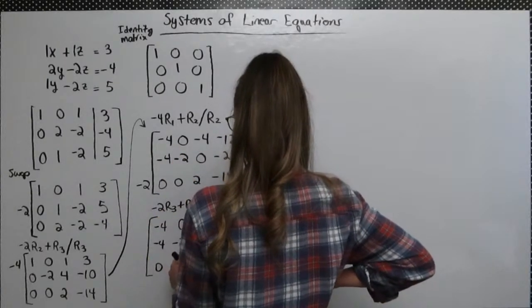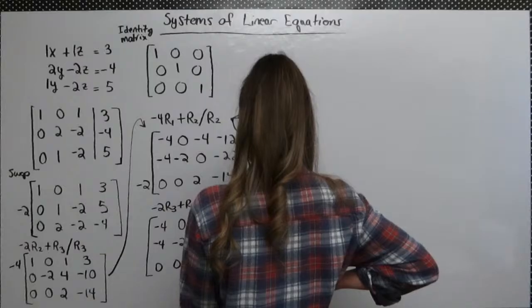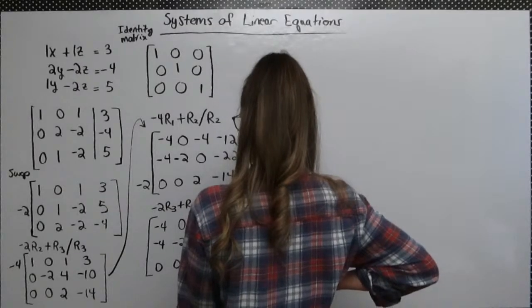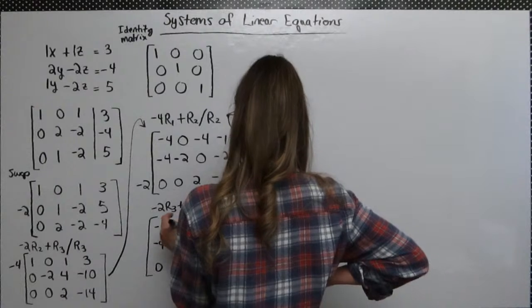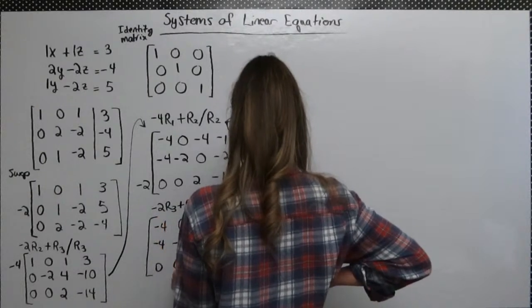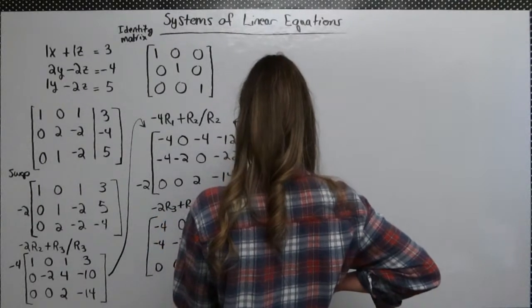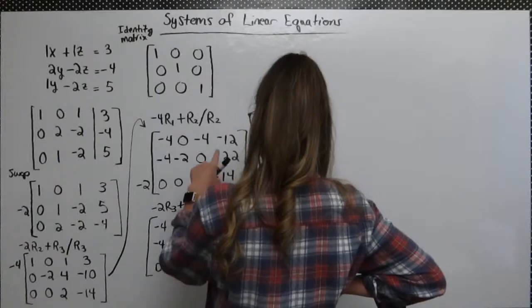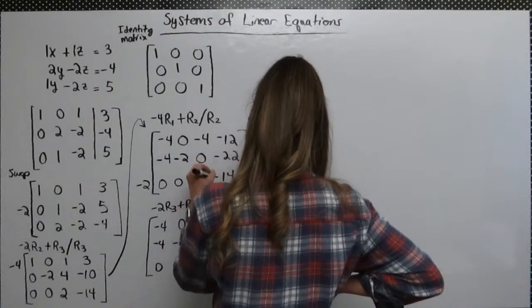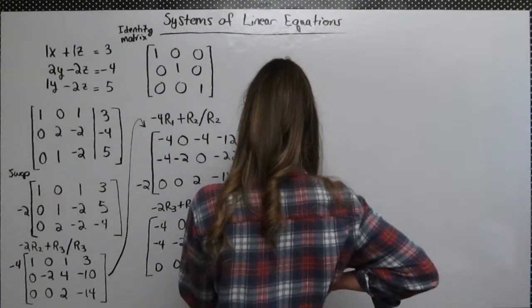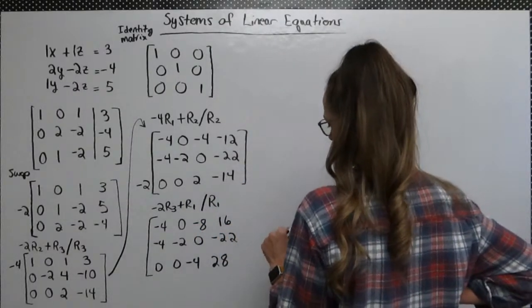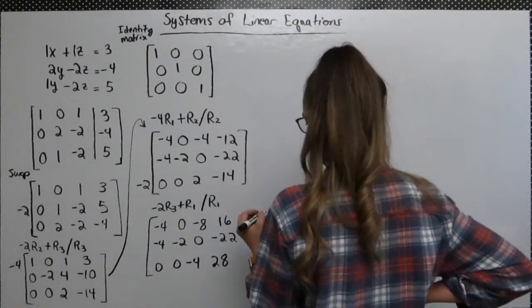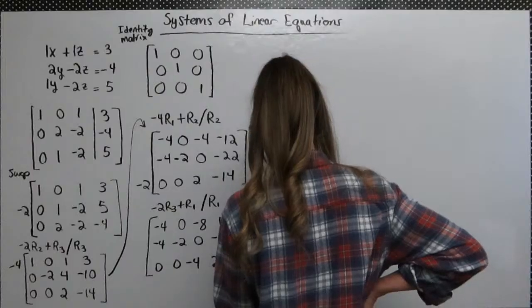And then we have negative 4 minus 4 is negative 8. And then we have 28 minus 12 is 16. I think I'm confident on that.